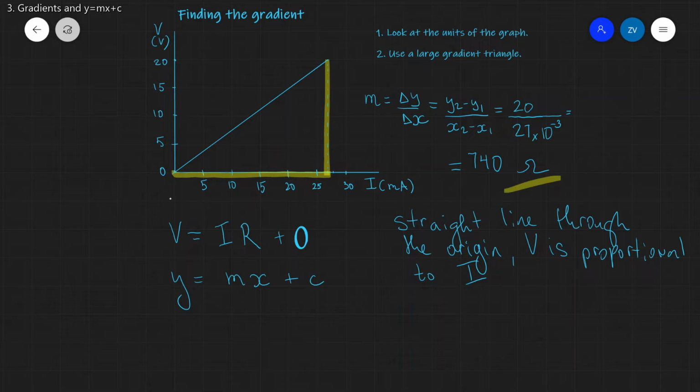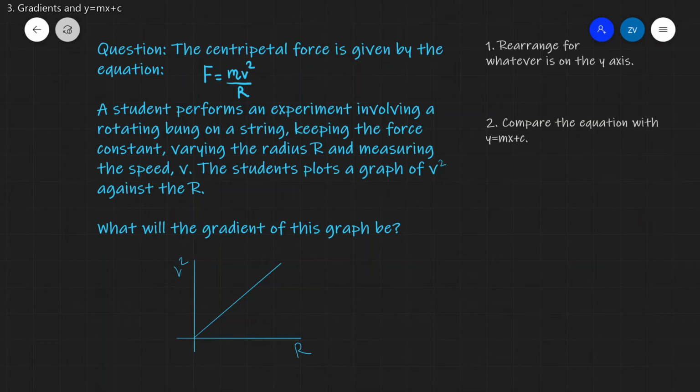So if V is on the y-axis, if I is on the x-axis, our intercept will be 0. What is left for our gradient is the resistance. So our gradient m is equal to R, which is the resistance.